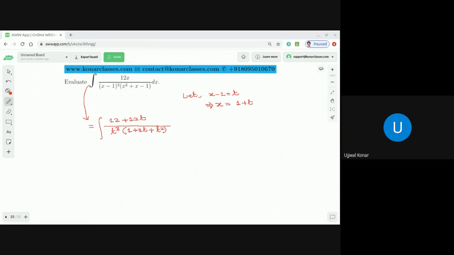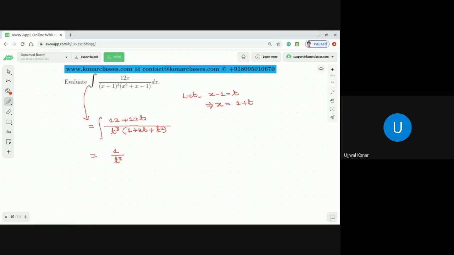Now we need to divide the 12 plus 12t by 1 plus 3t plus t square. Correct? Are you getting my point? Then out of this we'll take 1 by t cube as it is.